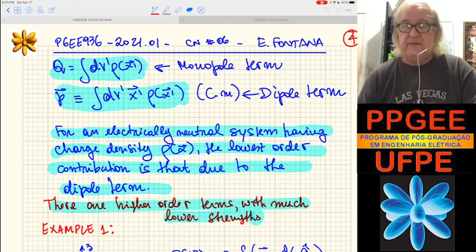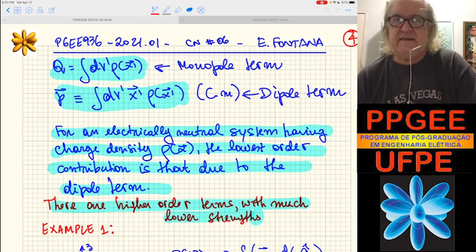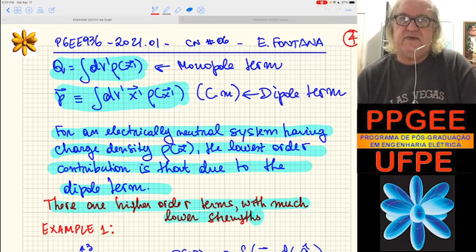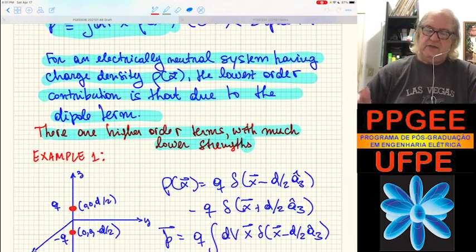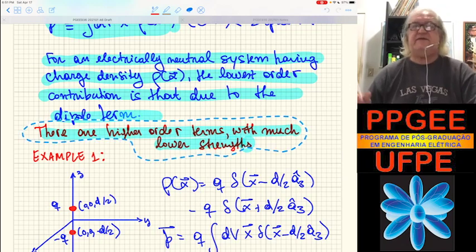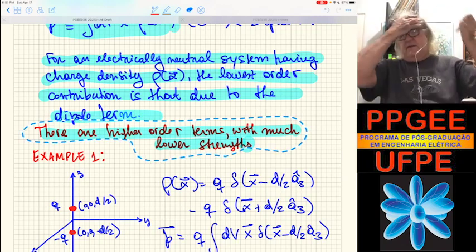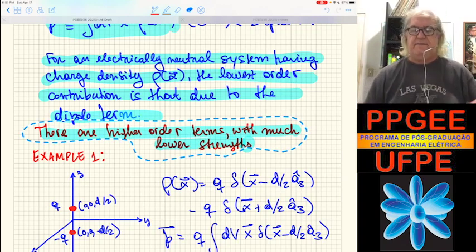Sometimes the dipole term has a 0 effect, so we have to look for the next order contribution, the quadrupole effect. Okay, so that's why you have to pay attention to that. In certain very specific situations, people from nuclear physics take that into account, right?